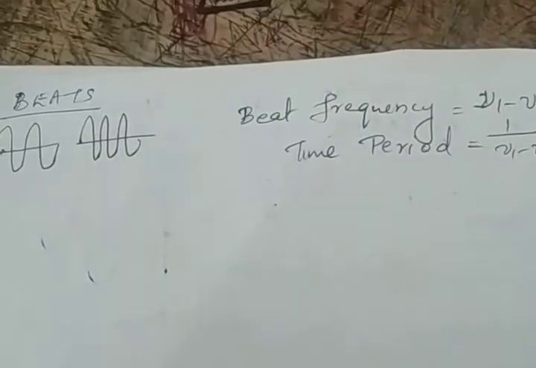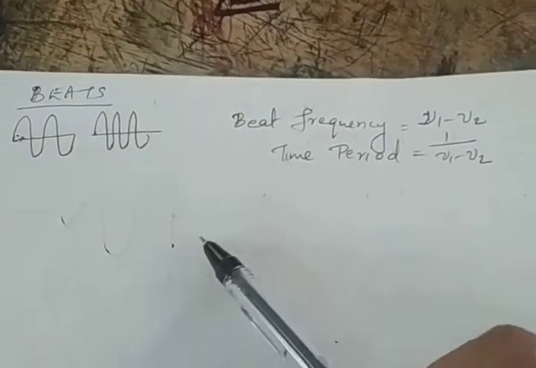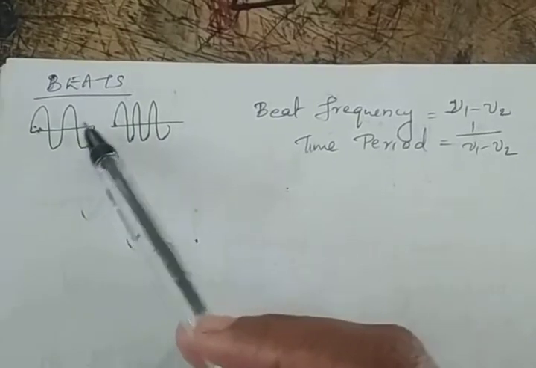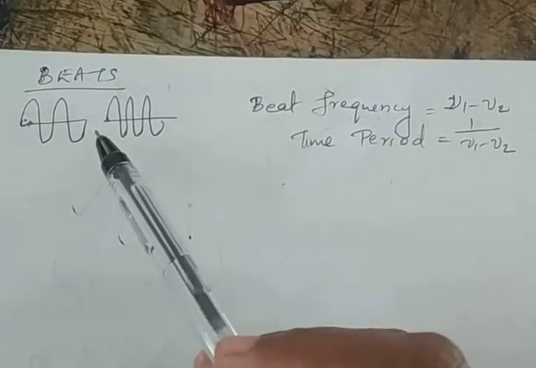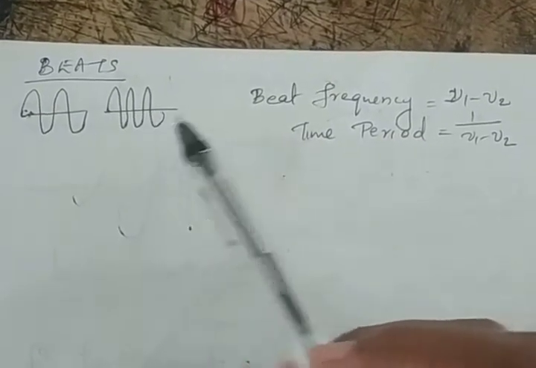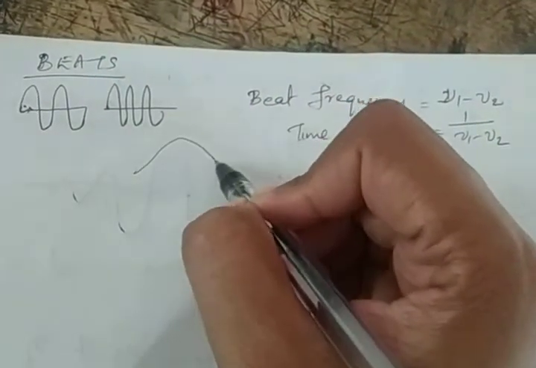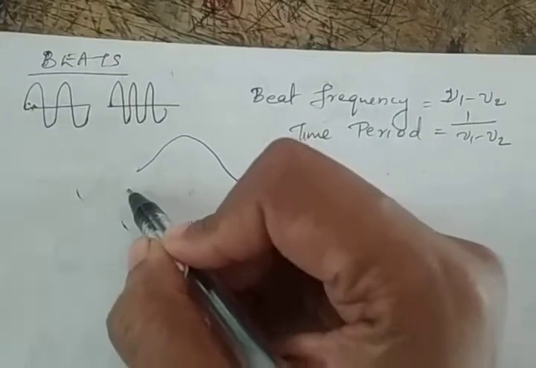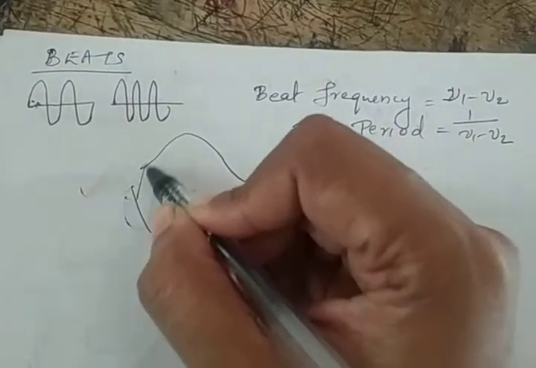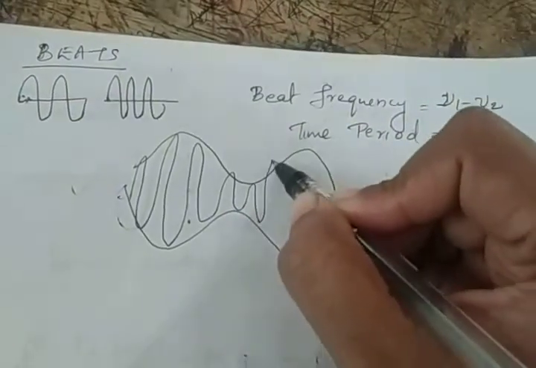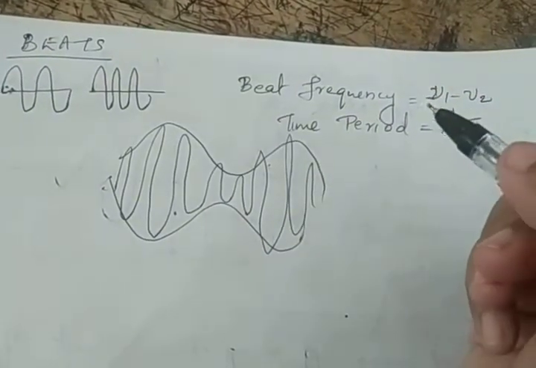Next we discussed beats. What do you mean by beats? If you consider two waves of nearly the same frequency and the same amplitude superimposing on each other, beats are observed. The resulting wave pattern will look like this: a regular rising or falling of the resultant sound wave can be observed.